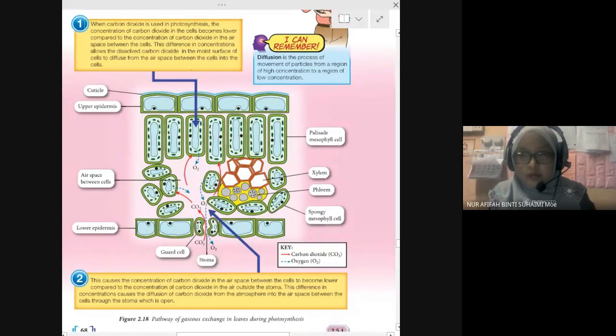The difference in concentration allows the dissolved carbon dioxide in the moist surface of cells to diffuse from the air space between the cells into the cell. Panjang dia punya ayat ni. Boleh faham tak?